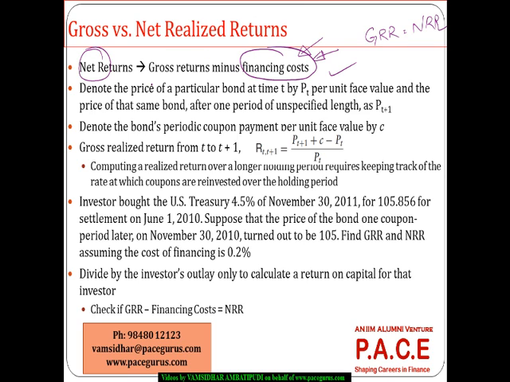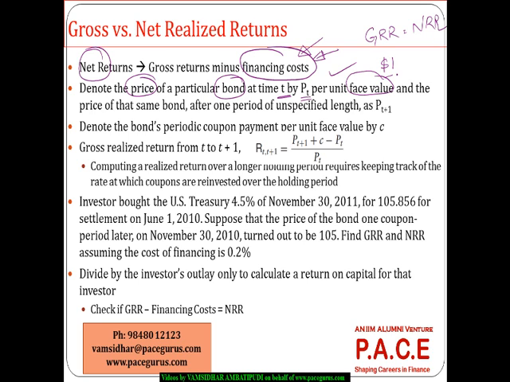So here, let's look at a small instance of how we compute the gross return. Think of a particular bond, the price of it at time t. Look at it as Pt. So at time period t, the price of the bond is Pt, where the face value is $1.